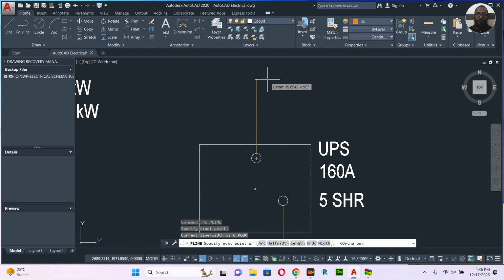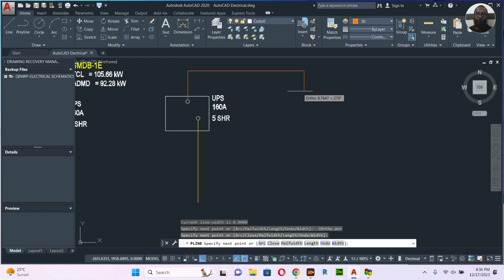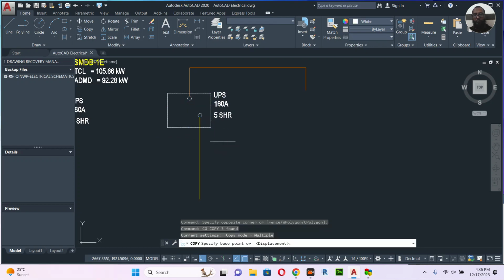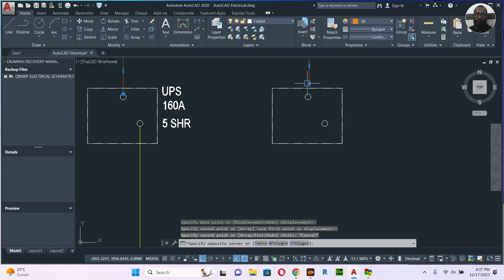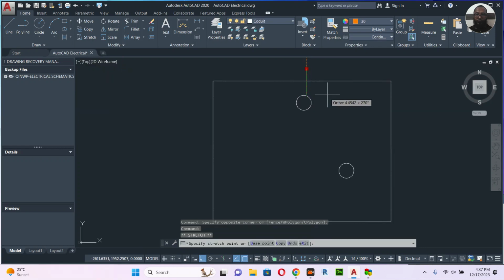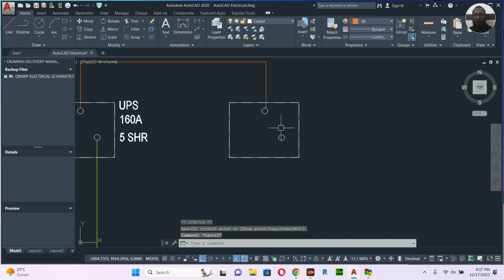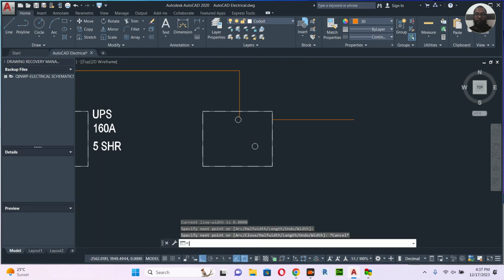There will be another controller here. It's the same box. Controller. From the controller it will go to the panels, like panels like this.